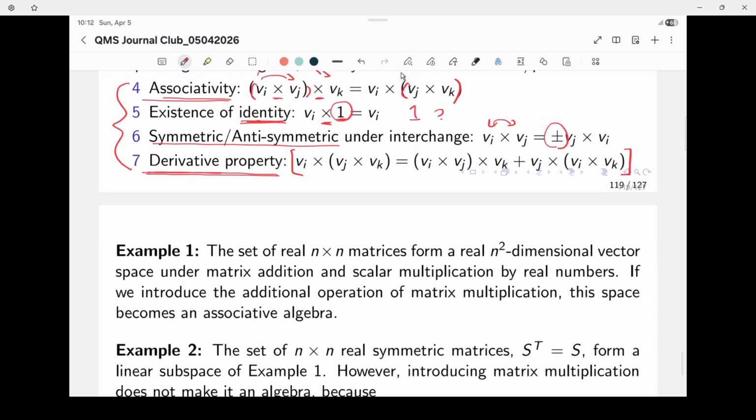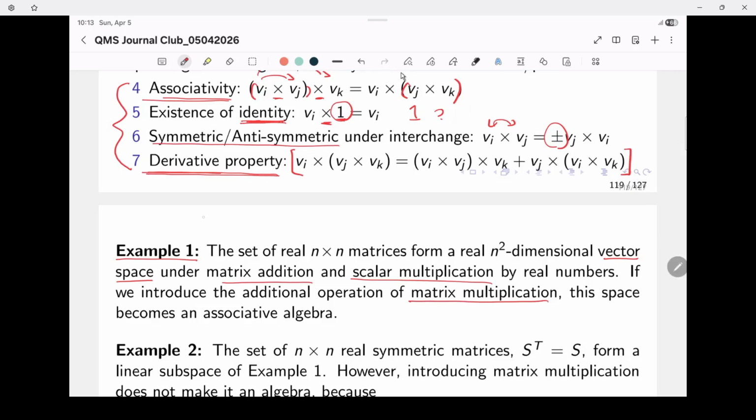So now what will be the examples of your algebra? Again, if you look at the set of n times n matrices, just now we know that it forms n square kind of vector space under matrix addition and scalar multiplication. So now if you introduce matrix multiplication, then this will become an associative algebra.